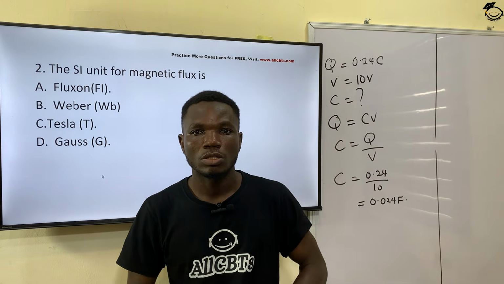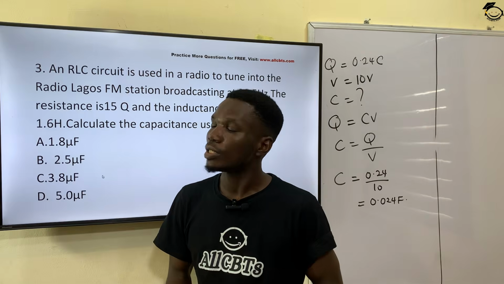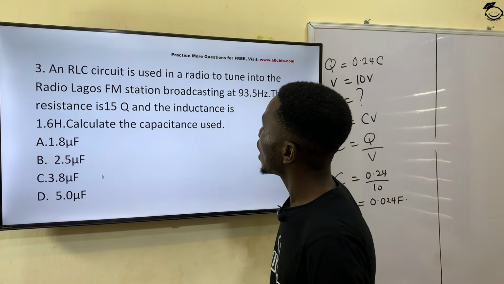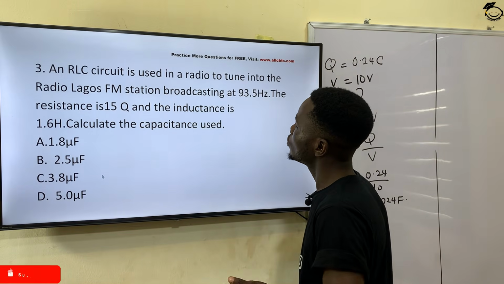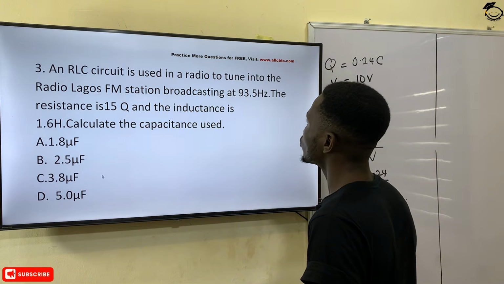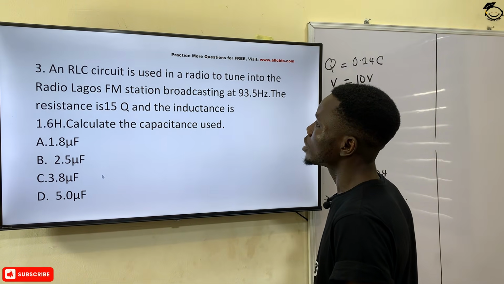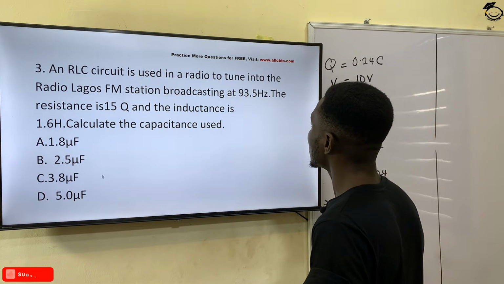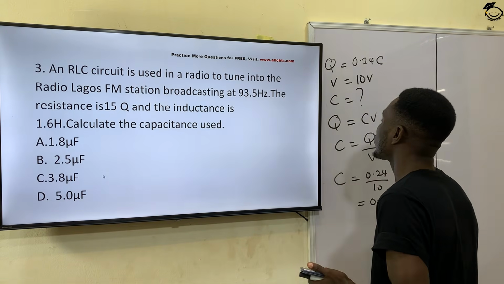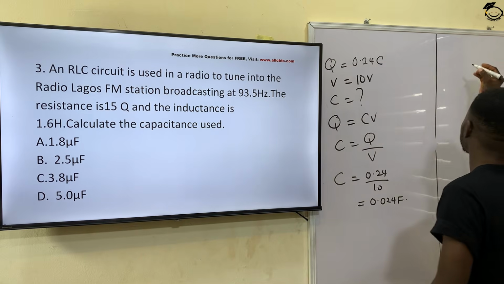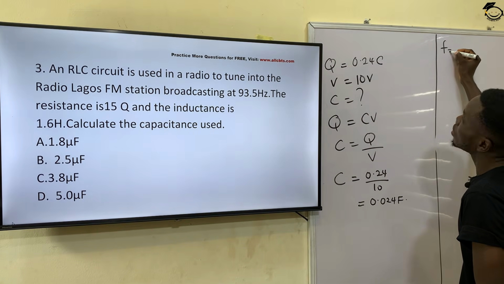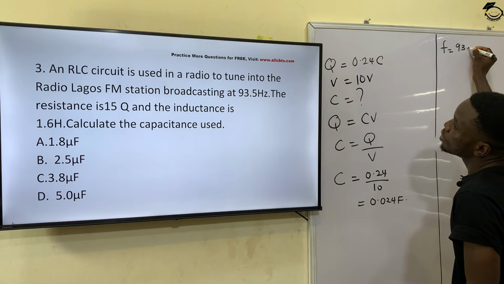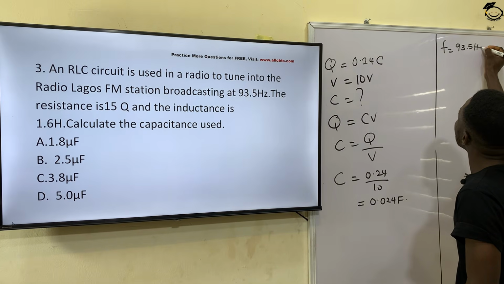So that takes us to question number 3, which says an RLC circuit is used in a radio to tune into the Radio Lagos FM station, broadcasting at 93.5 Hz. So they gave us the frequency in this question as 93.5 Hz.